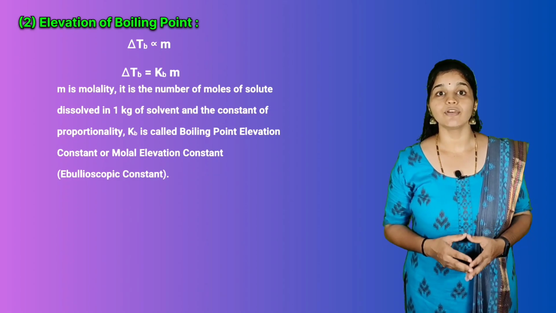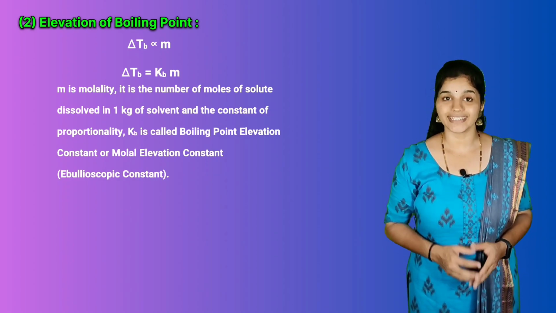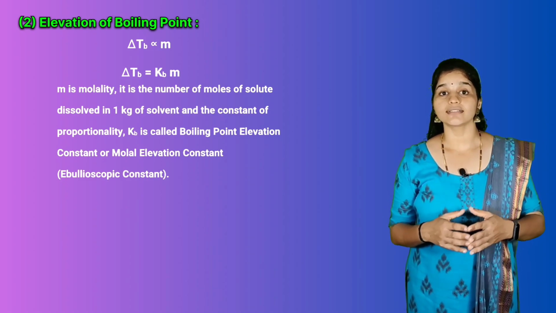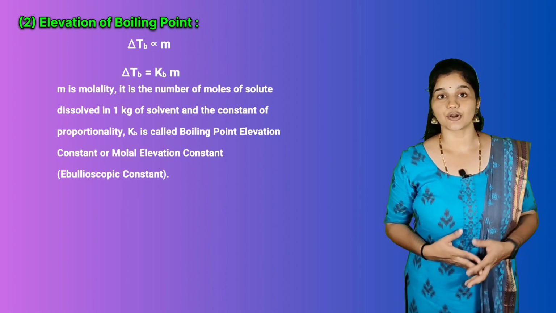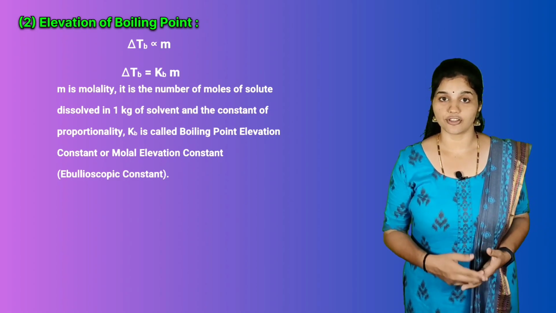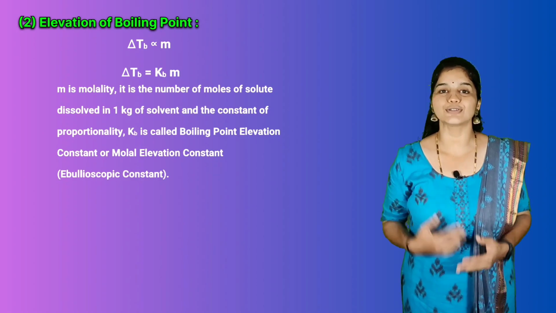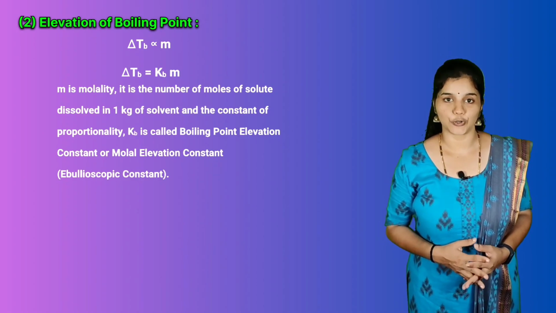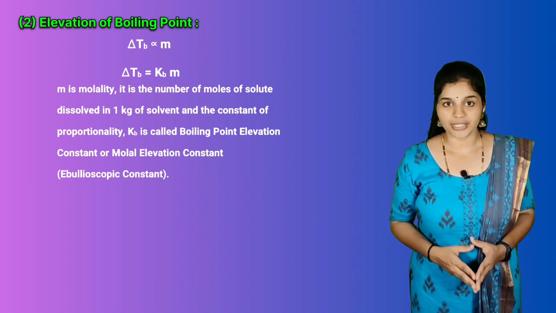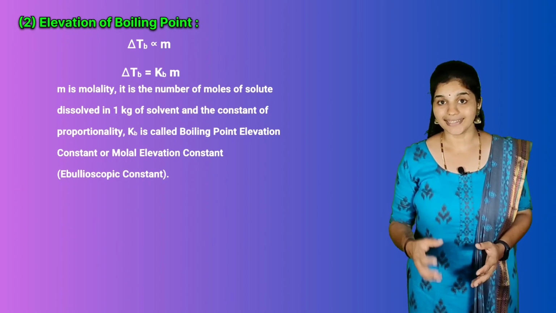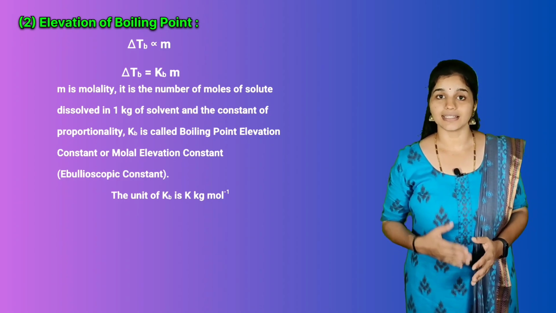It is the number of moles of solute dissolved in 1 kg of the solvent. And the constant of proportionality Kb is called the boiling point elevation constant or molal elevation constant. It is also called the ebullioscopic constant. The SI unit of boiling point elevation constant Kb is Kelvin kg per mole.